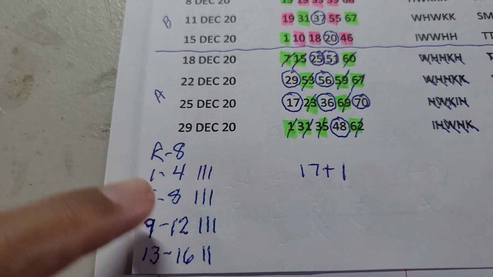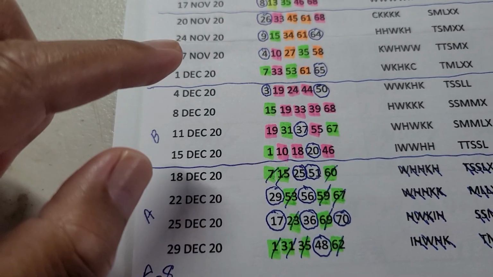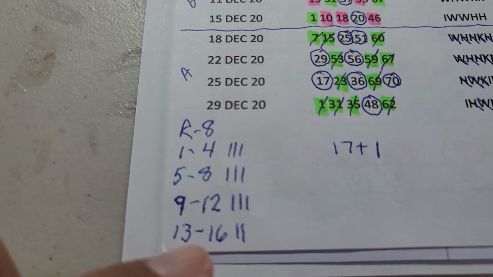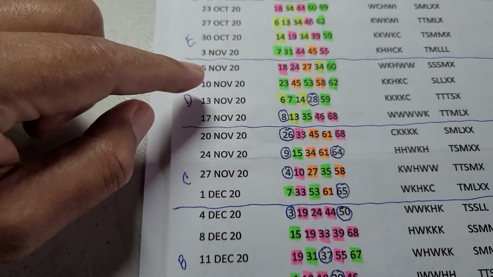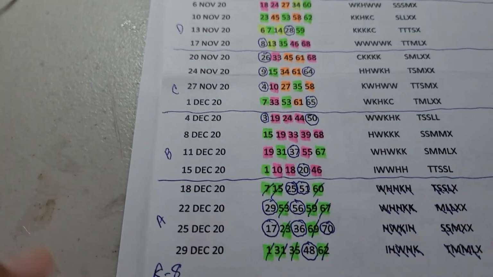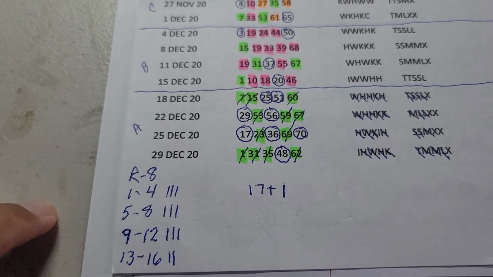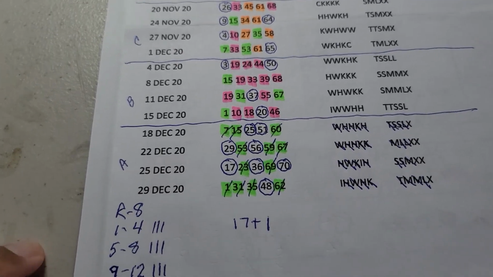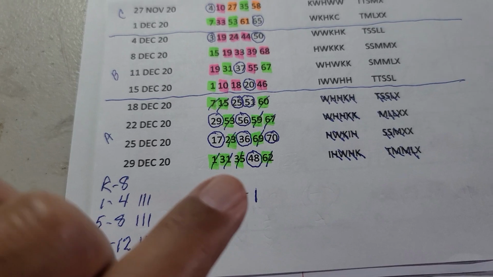Then the next segment, 9 through 12, is C right here. Next we have D, which is up here. And then finally E. These help me in choosing where the next set of numbers should come from. So according to this, I should be picking 8 numbers that are returning.